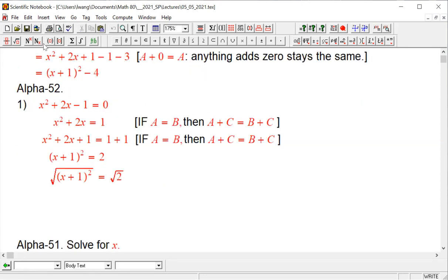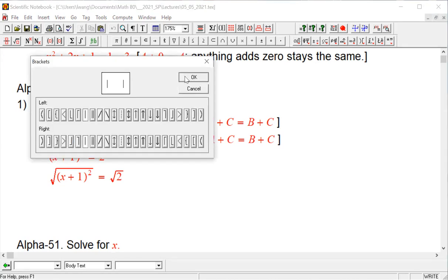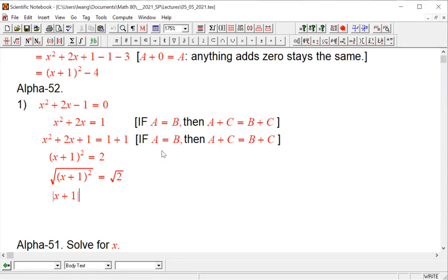Now, the next step, we got the absolute value, and that equals the square root of 2. And we're solving this absolute value equation, which is x plus 1 equals plus or minus root 2.